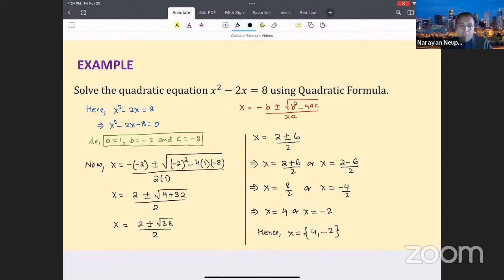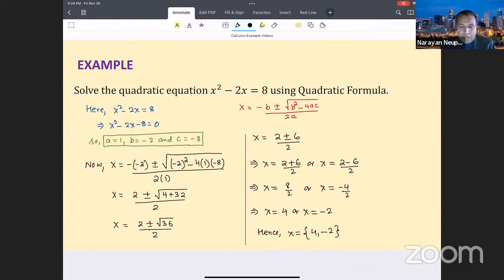As I mentioned earlier, the degree of the equation is 2. It's a quadratic equation. So when we solve quadratic equation, in most cases, we get two values of x. So in this case, the values of x that will satisfy this equation are 4 and negative 2. That means when we plug in 4 on the left on this equation here, it will be 4 squared minus 2 times 4, that will be 8.